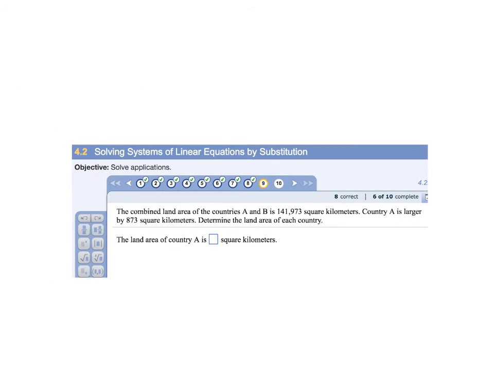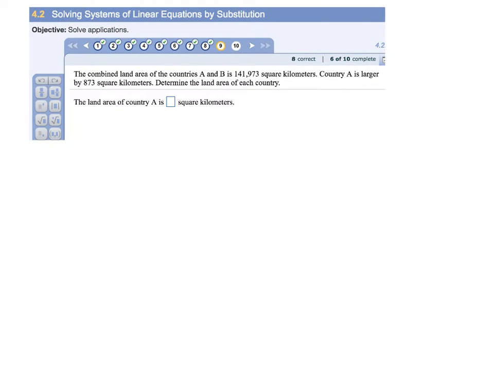All right, this one's actually not too bad. This one is combined land area of two countries. A and B is 141,973. So combined means if you do A plus B, you get 141,973.